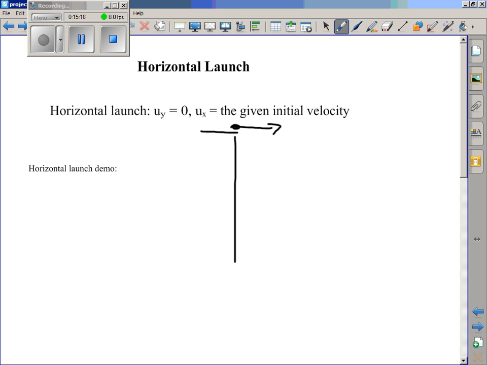The x. And since there is no angle, it's at 0 degrees, what's the y component? Zero. And the x component is whatever initial velocity was given to me. Cosine of 0 is 1, and 1 times that initial velocity is the initial velocity. So for a horizontal launch, Uy is 0 and Ux is the given initial velocity.